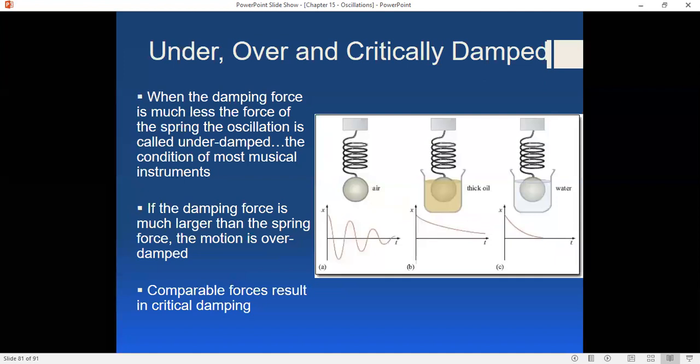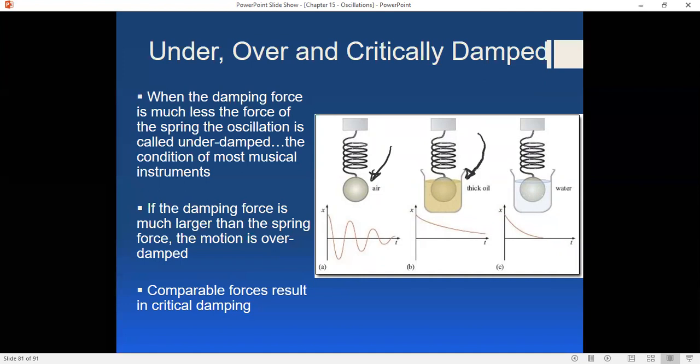And here are examples of overdamped, critically damped, and underdamped. Again, the best example of underdamped motion would be just a simple harmonic oscillator oscillating in the air. For overdamped, we can imagine putting it in a beaker of molasses or really thick oil.